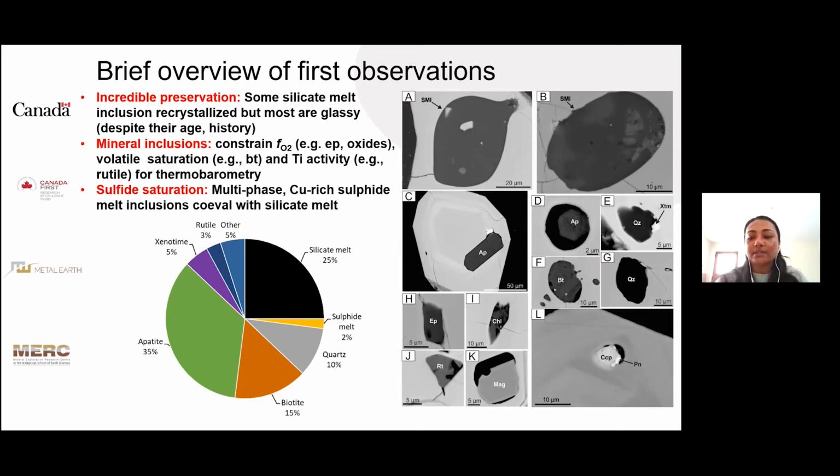And lastly, we also see some sulfide inclusions trapped in the zircon. These are multiphase sulfide inclusions, specifically copper-rich, and they are coeval with the silicate melt inclusions. And these show evidence of sulfide saturation within the system.